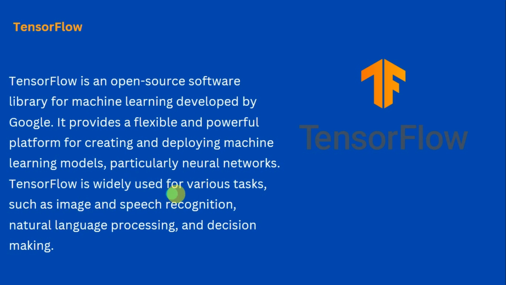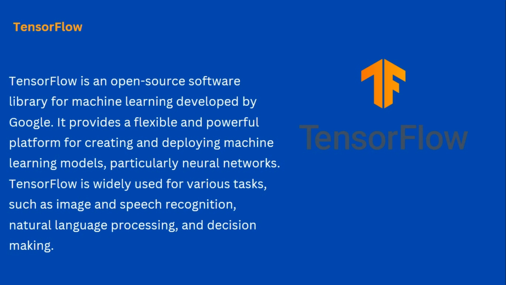So this is basically used for various tasks such as image and speech recognition. Suppose you have captured one image, and after uploading on the system, Google will recognize whether this image is a cat image or a dog image or a human image. The system will identify by the pixels and it will say, okay, this image is female or male, like that.